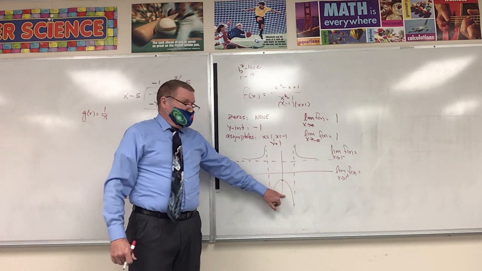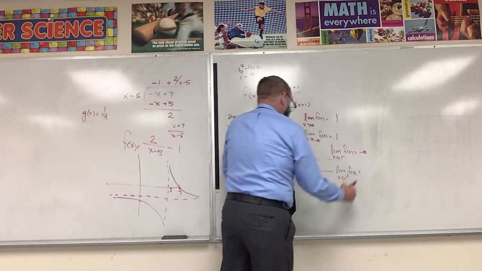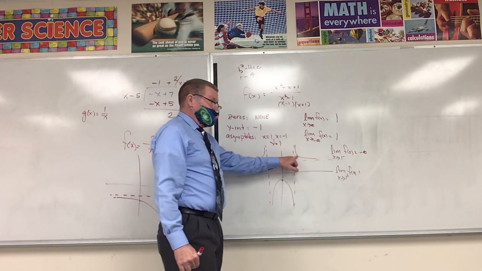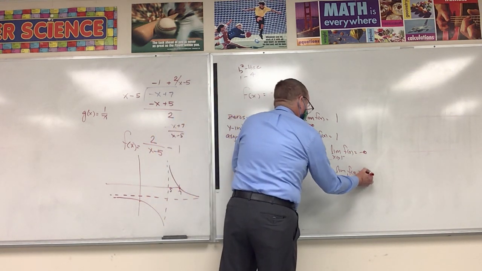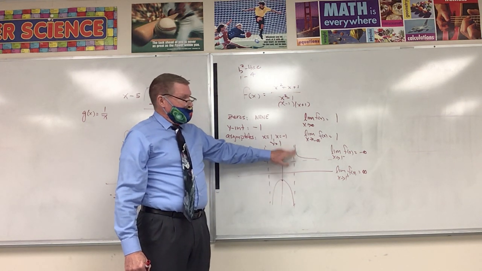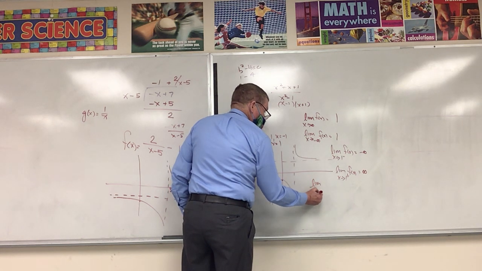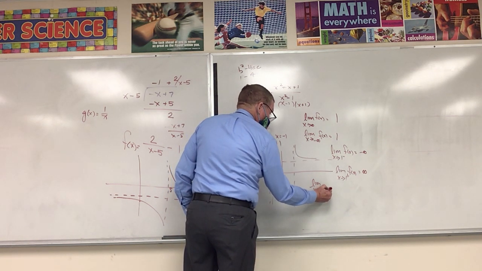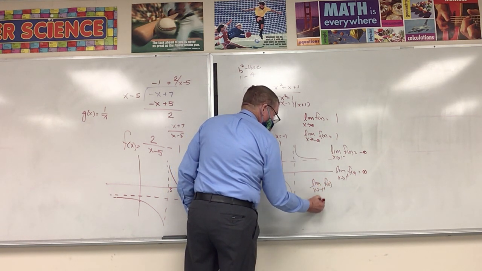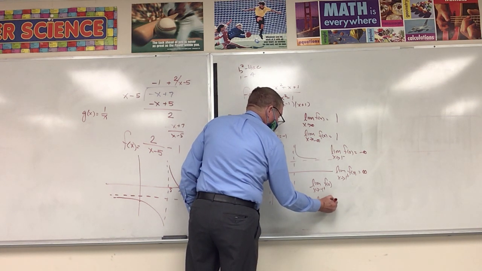Negative side is negative infinity. Positive side is positive infinity. On the left side I'm negative, right side I'm positive.